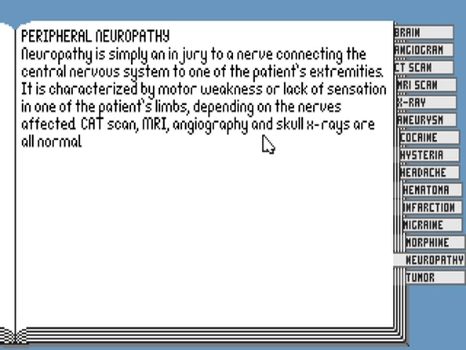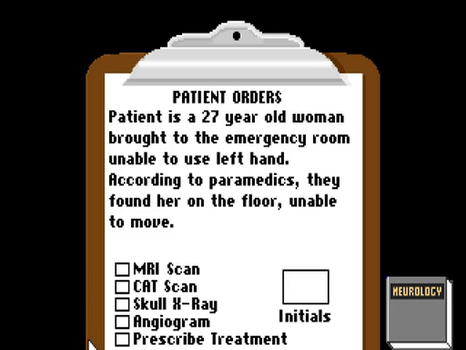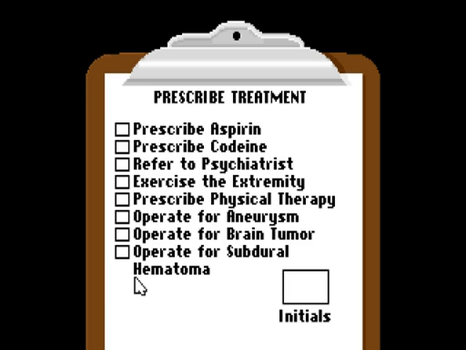Neuropathy, MRI, or X-rays are all normal. Weakness or lack of sensation in one of the patient's limbs. So let's go with peripheral neuropathy. In our expert opinion. Oh no. Let's see.